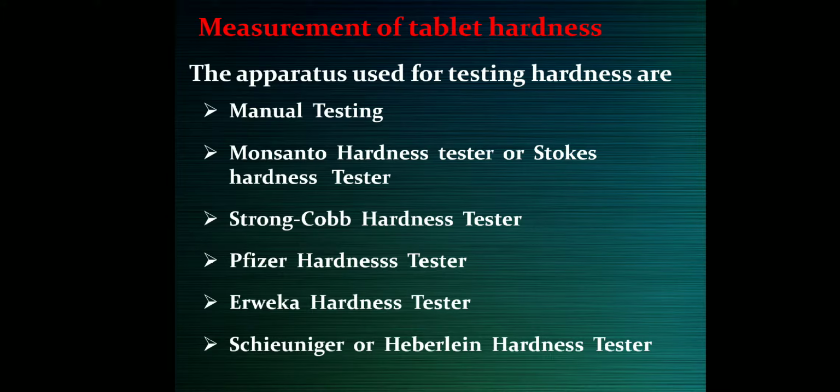The apparatus used for testing hardness are the oldest or empirical method, that is manual testing, Monsanto Hardness Tester or Stokes Hardness Tester, Strong-Cobb Hardness Tester, Pfizer Hardness Tester, Heberlein Hardness Tester, and Schleuniger or Heberlein Hardness Tester. We will discuss all in detail in the following section.